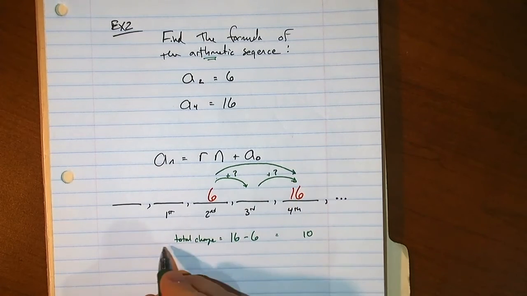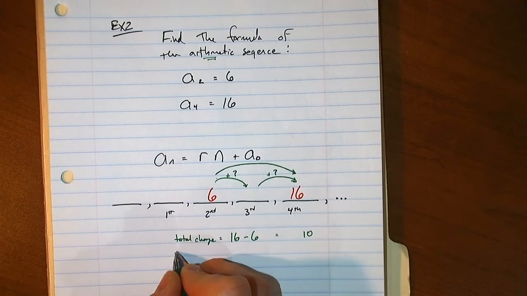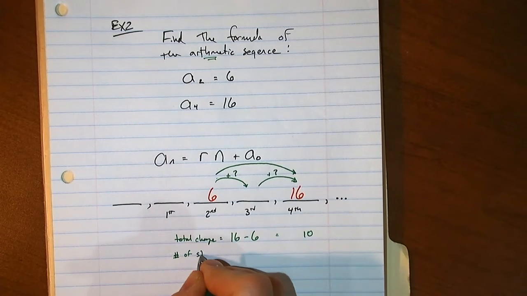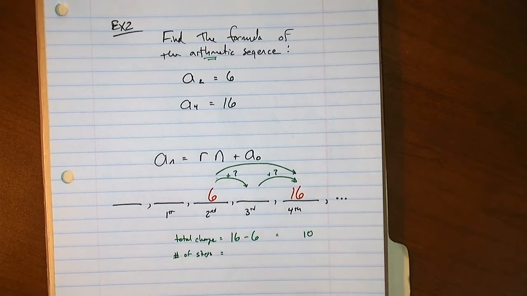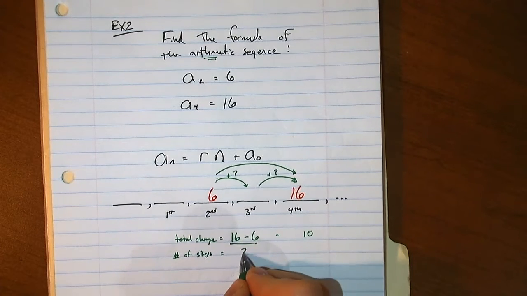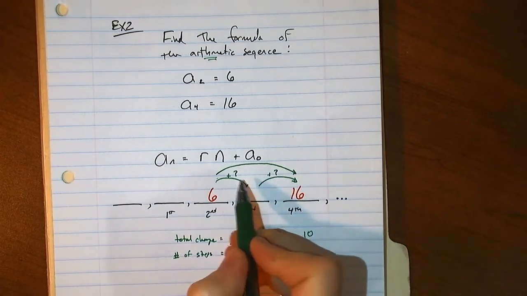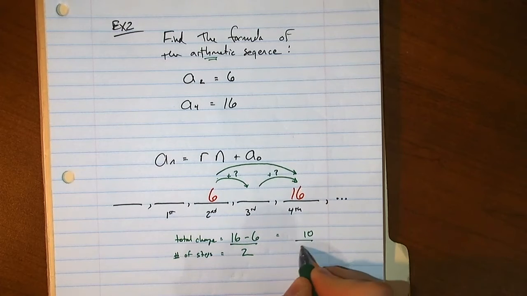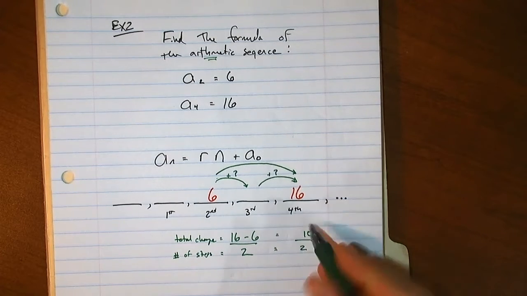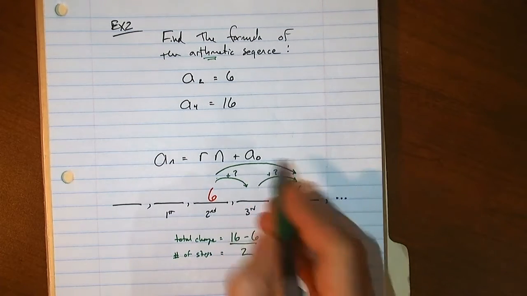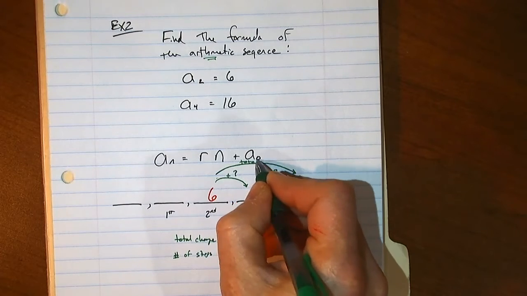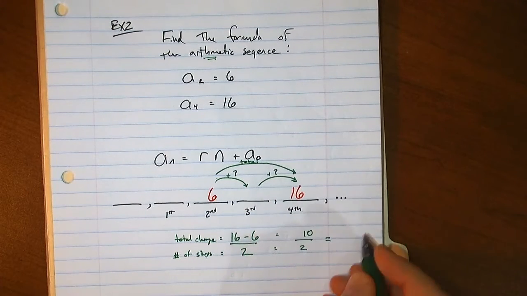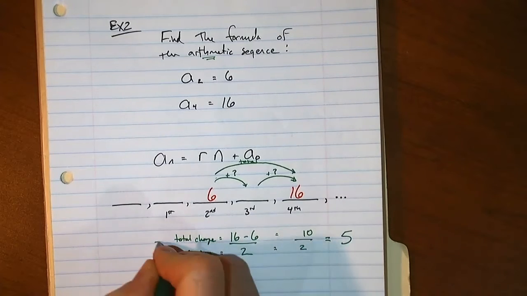So if I take the total change and I divide that by the number of steps, that should tell me how big each individual step was. So in this case, there were 2 steps. So if I divide my total change by the number of steps that I took, that should give me my rate of change.